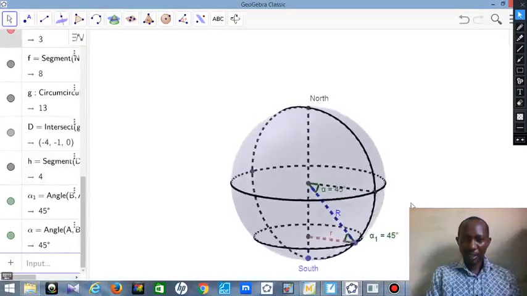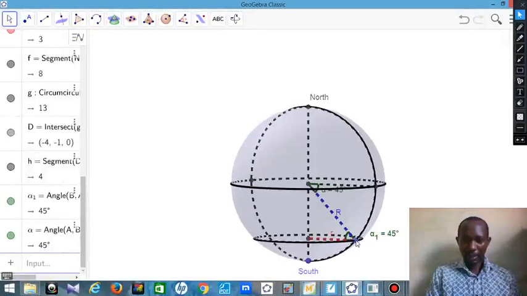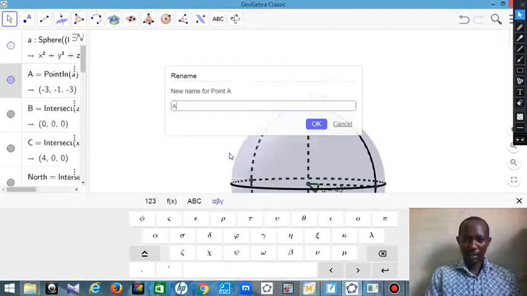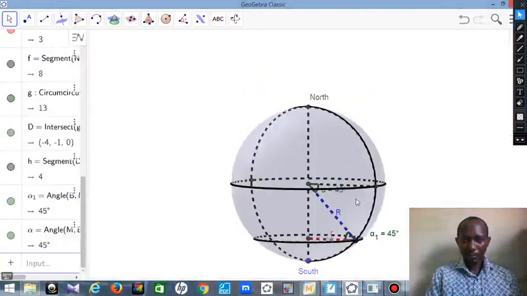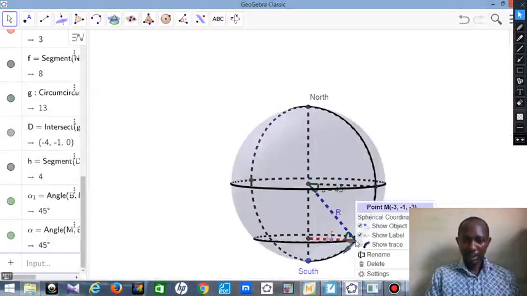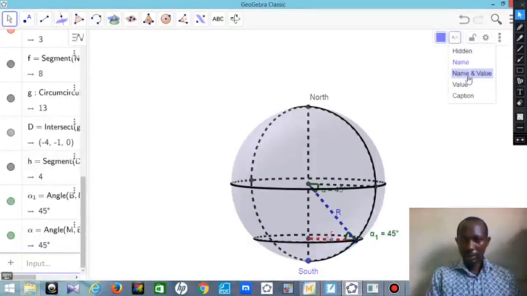Then this is the point M now, this very point here. Let me name it point M so that we can see what we are talking about. Let me bring the name out. Okay, the name is there.